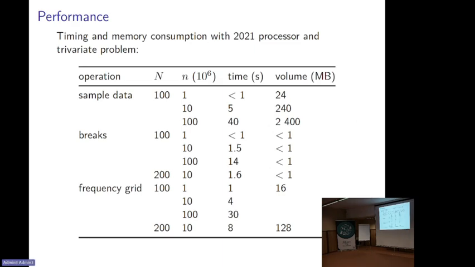As for performance, yes, you are limited by how much data you sample. You cannot sample billions and trillions of them, but they should go hand in hand with the resolution of the grid.